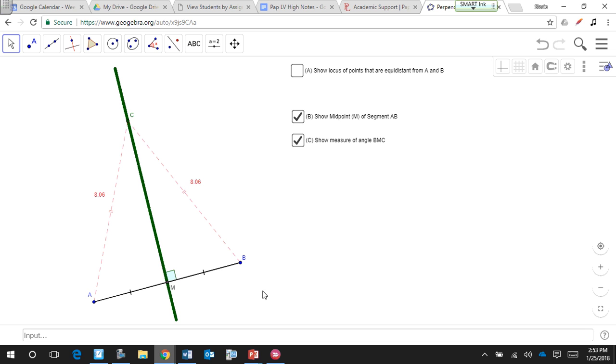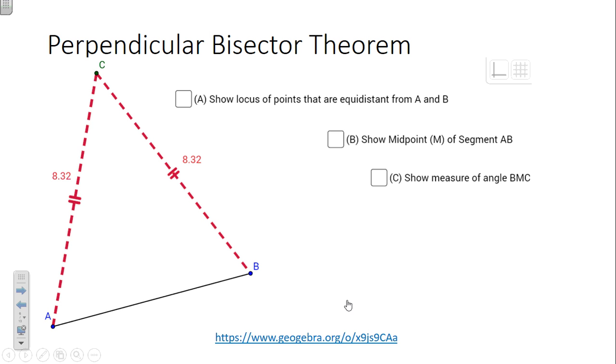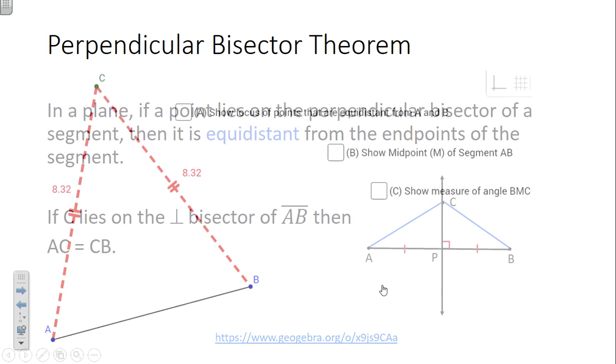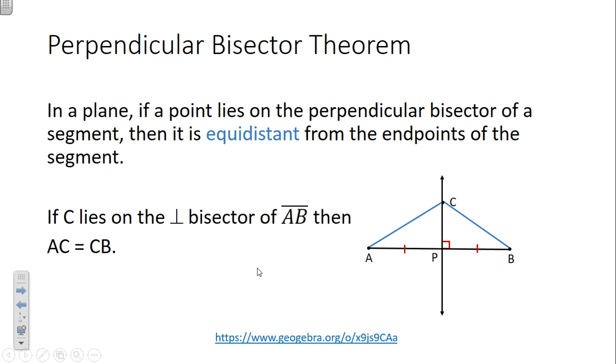Okay? That's the perpendicular bisector theorem. It's not on your paper. So just showing you in general. Anything on the perpendicular bisector will be the same distance away from both endpoints of that segment.